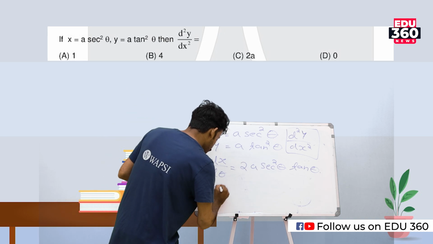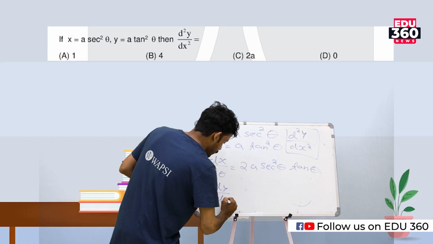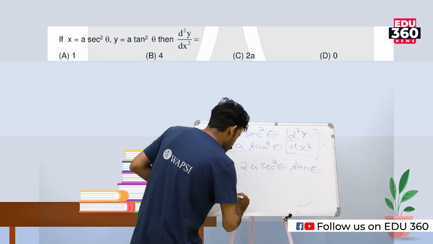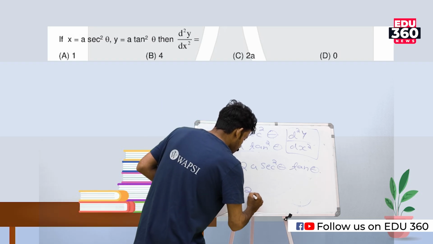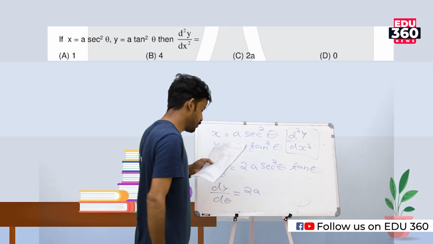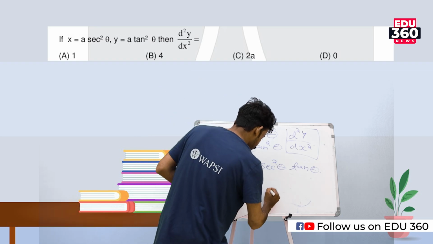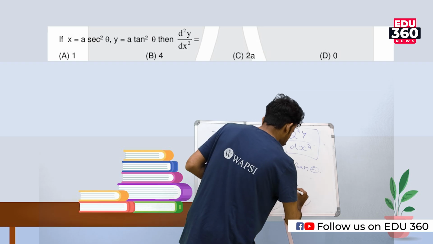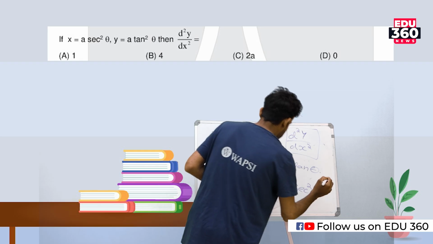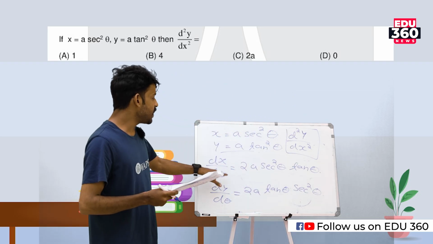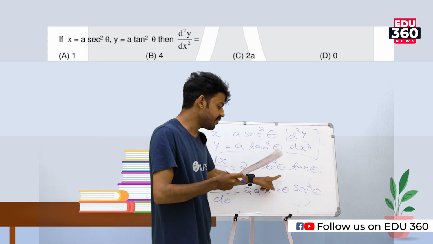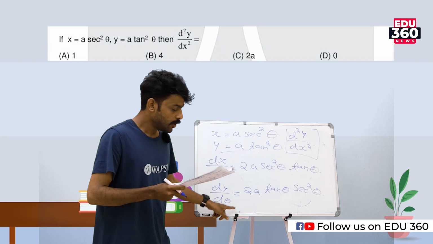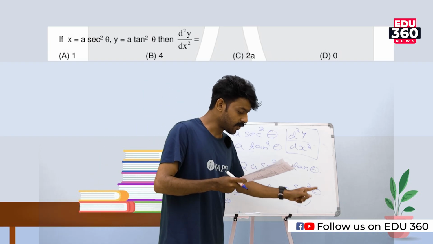And dy by d theta, we are going to differentiate y with respect to theta, so dy by d theta is equal to 2a tan theta sec square theta. So dx by d theta is equal to 2a sec square theta tan theta, and dy by d theta is equal to 2a tan theta sec square theta.